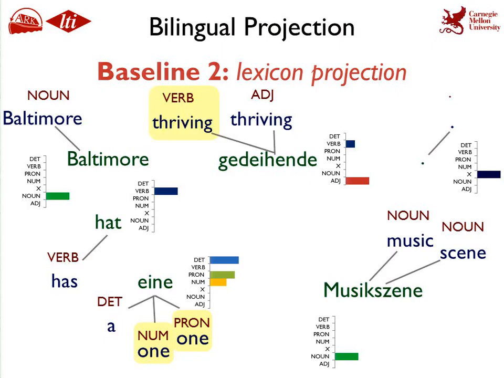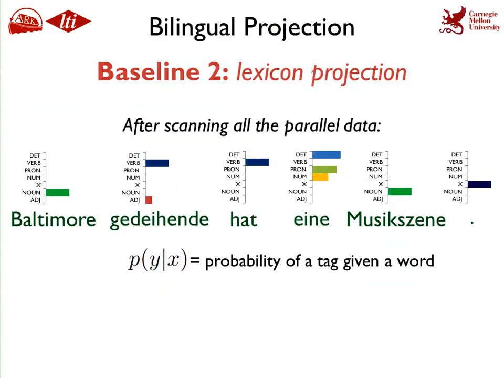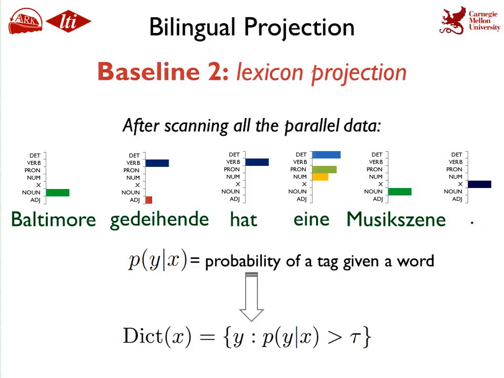You can do this for all your parallel data, and at the end, you will have a collection of distributions over tags for each token that you found aligned in your parallel corpus. This is basically the probability of a tag given a word. You can threshold this probability with some threshold tau and construct dictionaries for individual words.